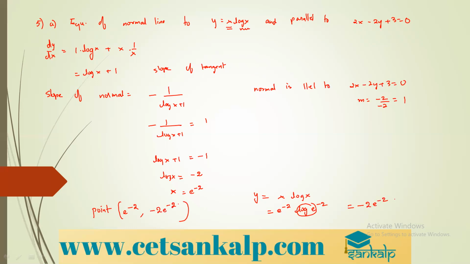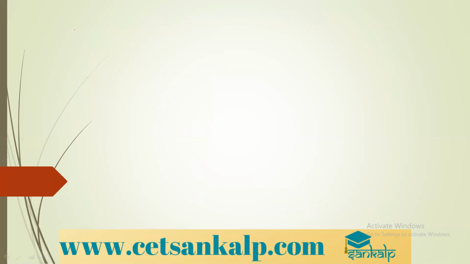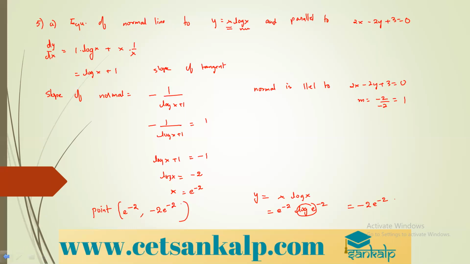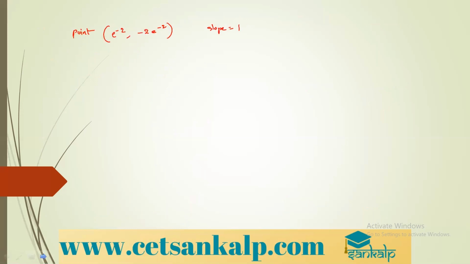The y is minus 2 e power minus 2. And now you know the point, e power minus 2, minus 2 e power minus 2, and you know the slope is 1. You can find the equation of the normal.